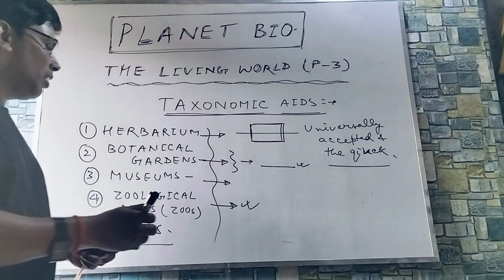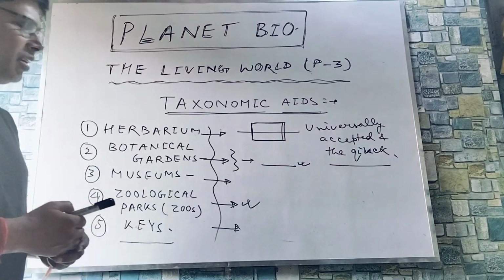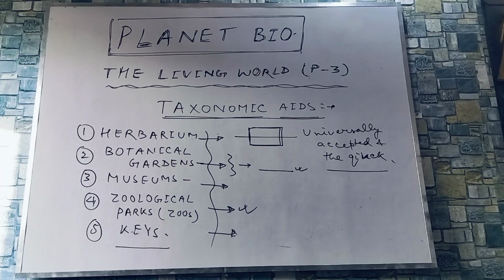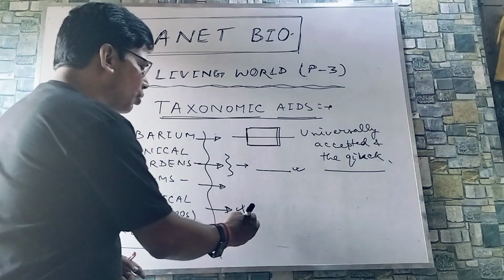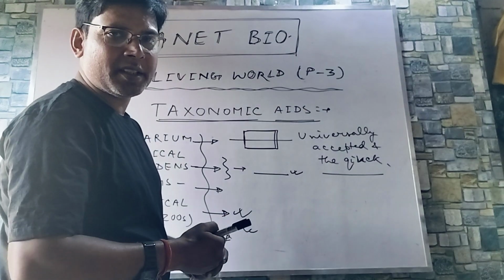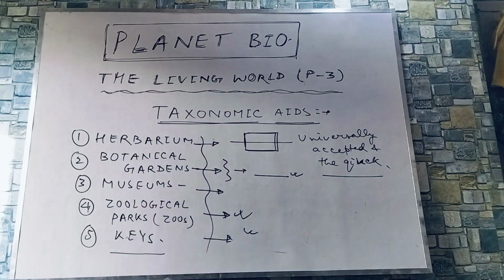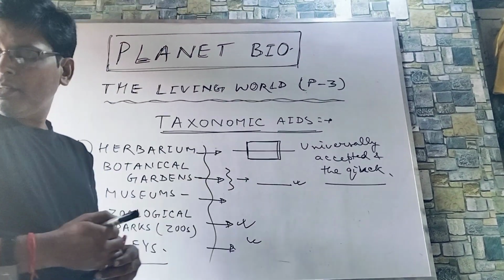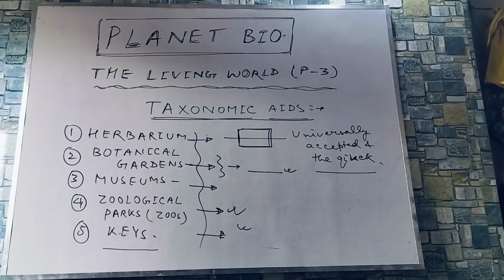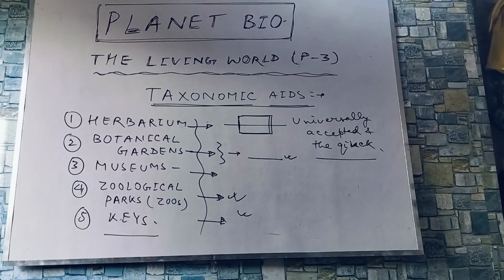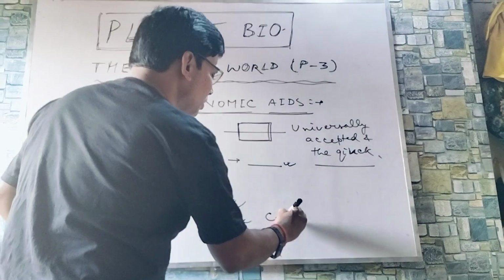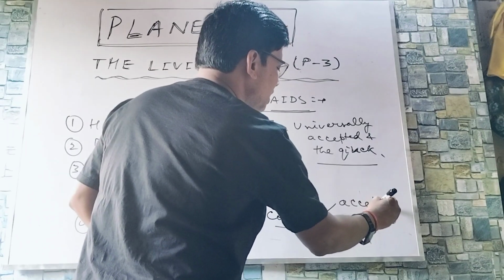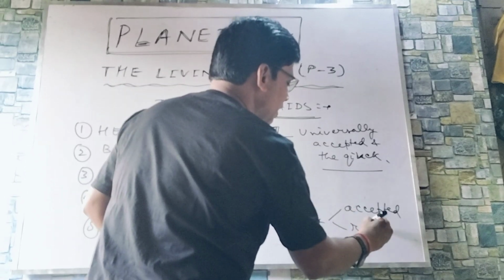And keys. What happens in keys? Keys are another taxonomic aid used for identification of plants and animals, and this is based on similarities and dissimilarities. These are based on contrasting characters, and it is generally given in a pair called couplet. One needs to be accepted and another one needs to be rejected.